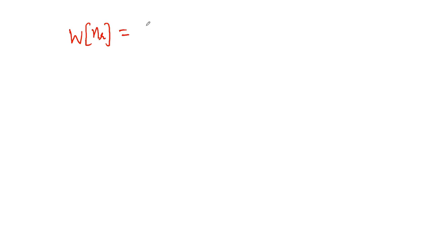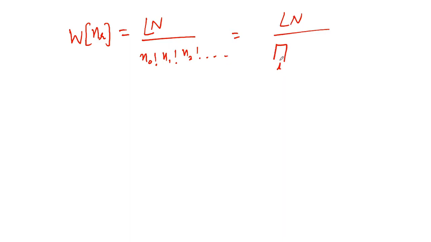So it is equal to the factorial of N over n_0 factorial, n_1 factorial, n_2 factorial, and so on. So this we can write as N factorial over the product, from 1 to r, of n_r factorial.